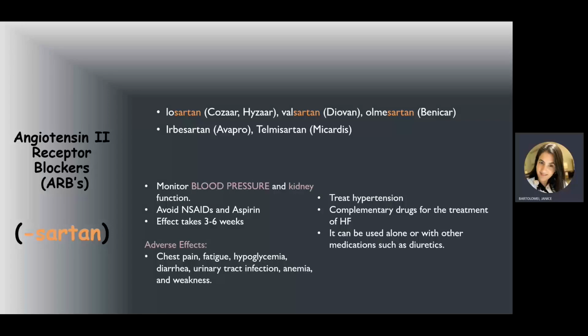And again, they are very commonly used for heart failure patients as well. So careful with the kidneys, and therapy does take 3 to 6 weeks to see results, and they cannot be given with NSAIDs.